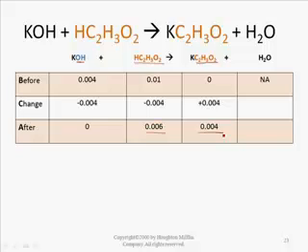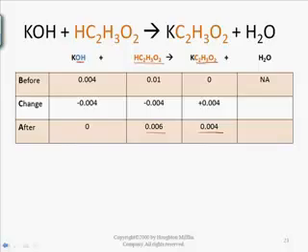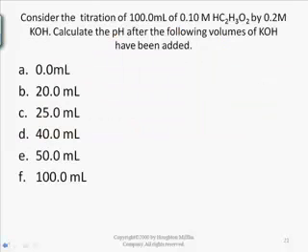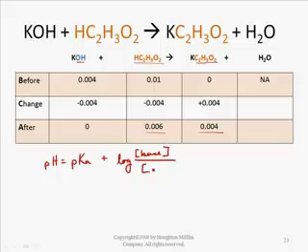Okay, so now the other thing is, remember how when we're using Henderson-Hasselbalch, we're using molarities. Well, one of the things to note is that there we've added 20 milliliters. And what was our initial volume? 100. So we really have, at this point, 120 milliliters total. In Henderson-Hasselbalch there's base over acid.